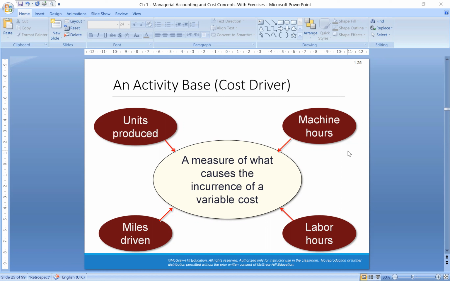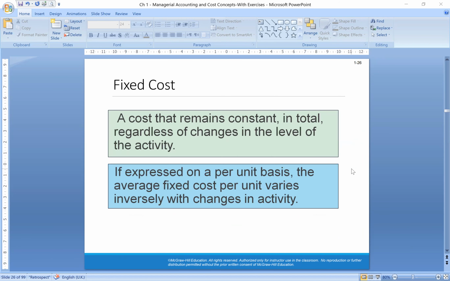If I'm talking about our cars, then the more you drive your car, the more costs you pay. Then we're talking about miles or kilometers driven, and this will be the cause or the reason for the incurrence of the variable cost. This is called the cost driver.